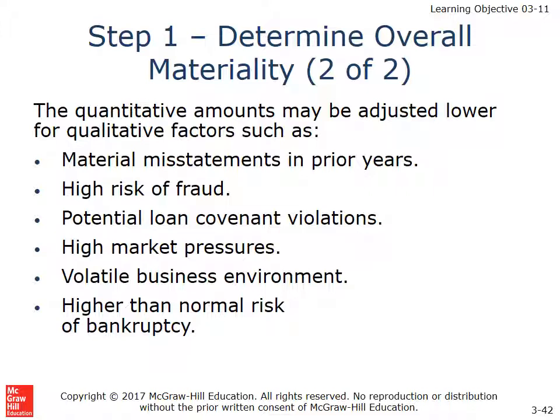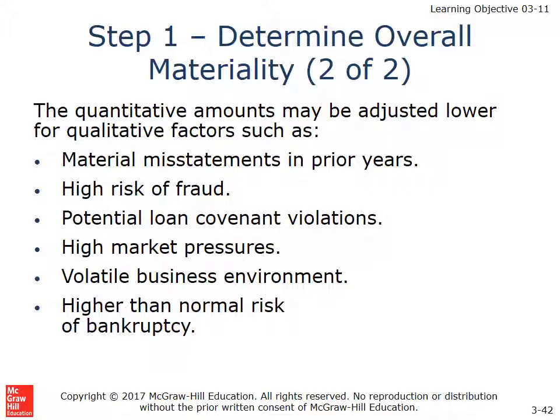If there's a potential for loan covenant violations with how the financial statements are, meaning, if you're not familiar with a loan covenant, a bank assesses or includes a contract with a loan.